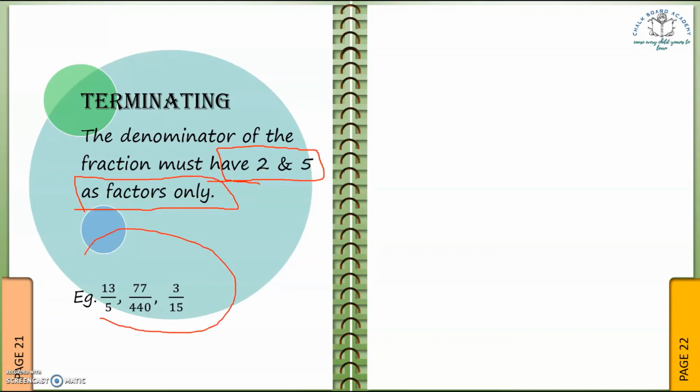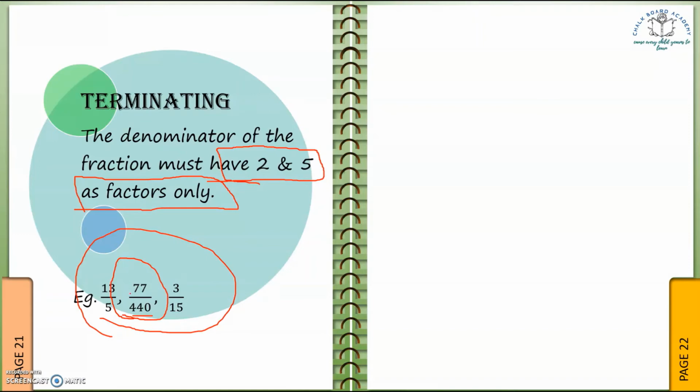Like here we have 3 examples. First example, very easy, 13 by 5. Here we only have 5 as denominator, so we can simply say that this number is terminating, because after one decimal place, it will terminate. Now we have another example here, 77 by 440. Here we can clearly see that 440 also has another number, that is 11, but this 11 can be cut out by the numerator, because the numerator is also a multiple of 11.